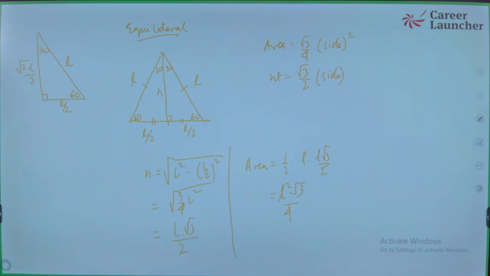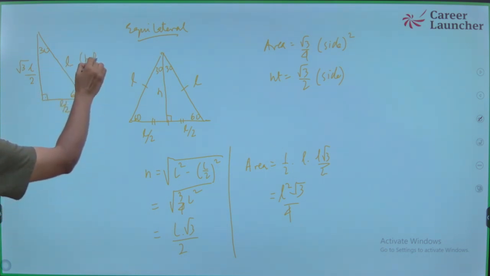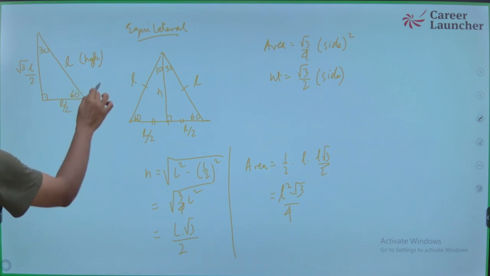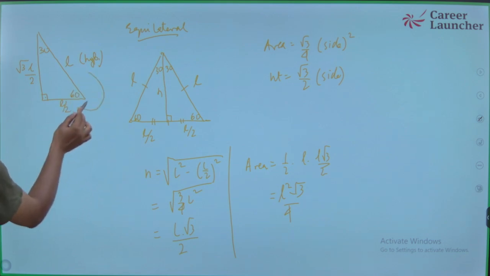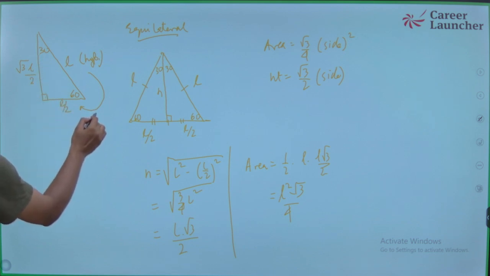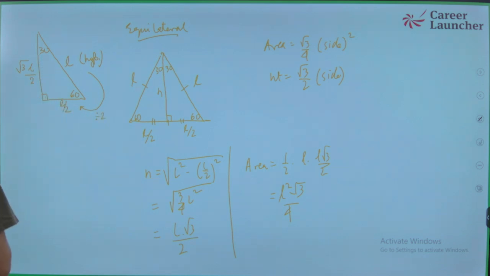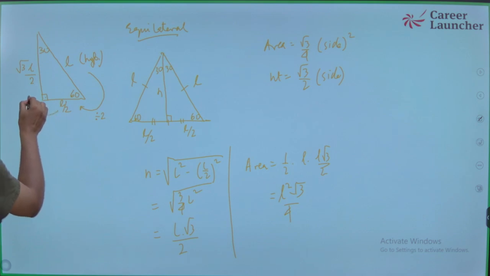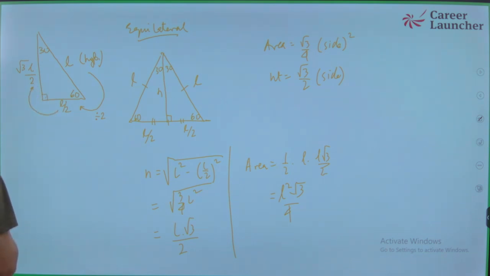Point to note: opposite to the 90 degree, the hypotenuse, is length L. From the hypotenuse to the side opposite to 30 degree, you divide by 2. From here to the side opposite to 60 degree, you multiply by root 3.